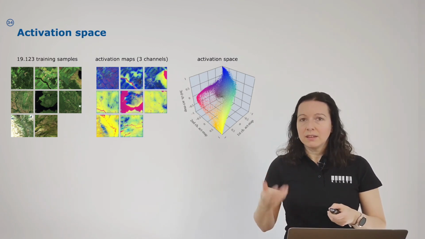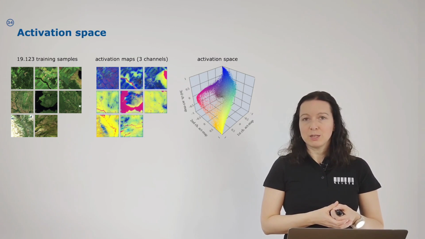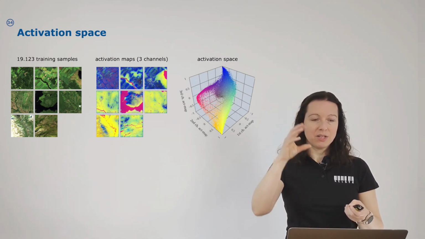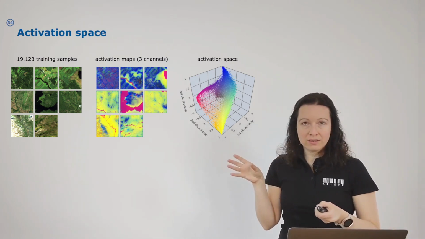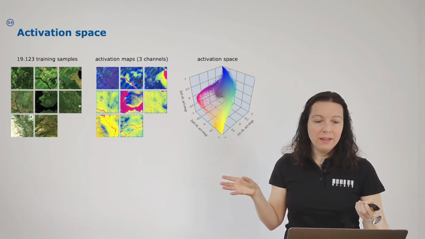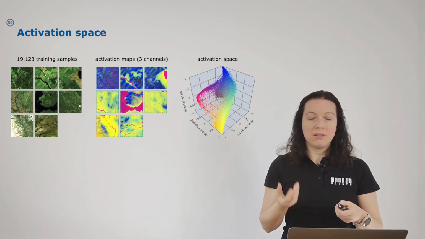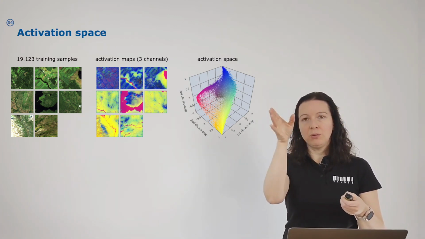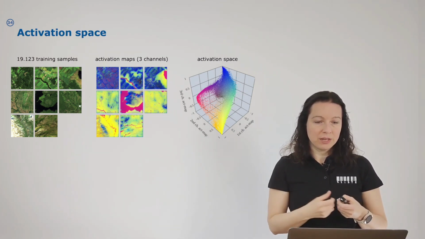So let's dive a little bit more into detail on what was actually done. We take the activation maps from the middle part. We used our training samples, Sentinel-2 images, over 19,000 of them. And then we computed for each of these the activation maps with 3 channels. That means the output of the first part of the UNet is 3 activation maps, 3 channels.